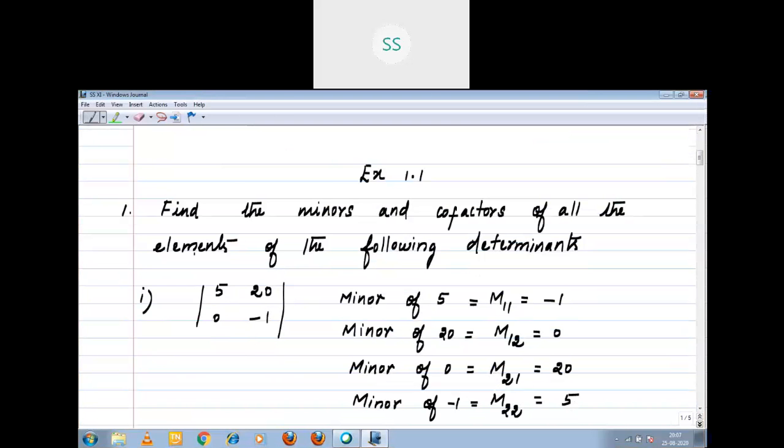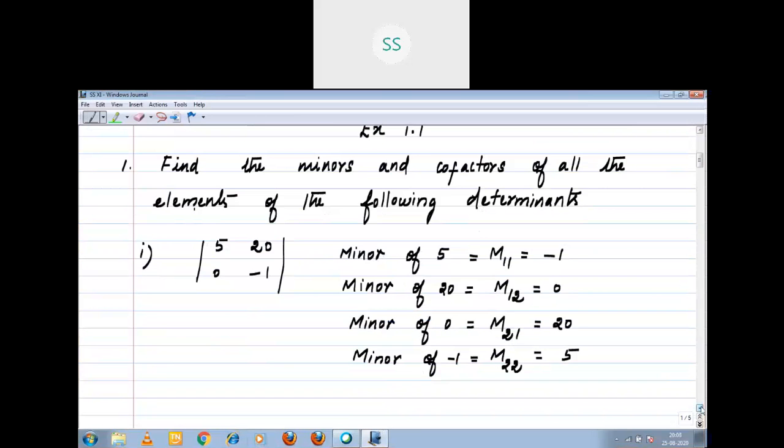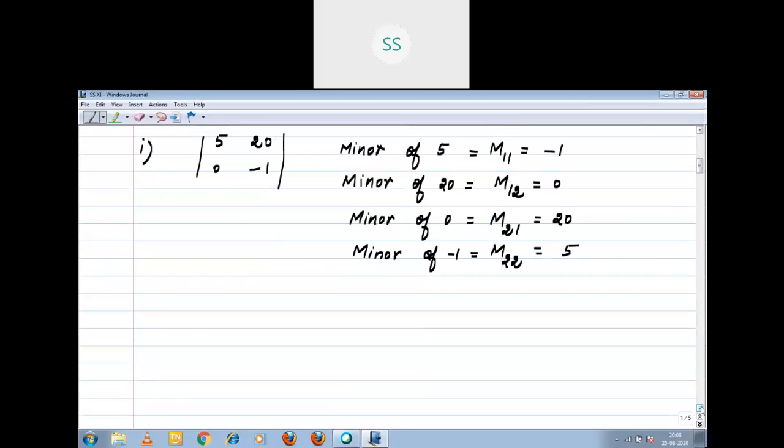Now cofactor. How to find cofactor? Cofactor is a signed minor. Cofactor of 5 is denoted by capital Aij. That means first row, first column.